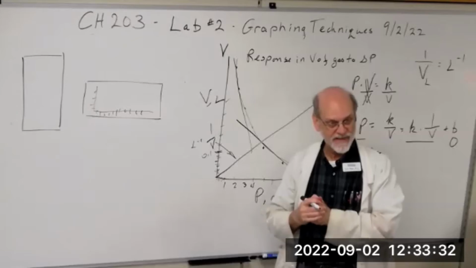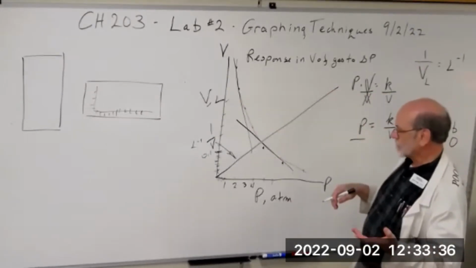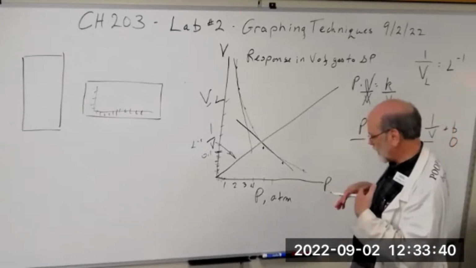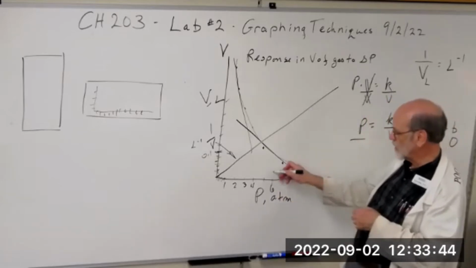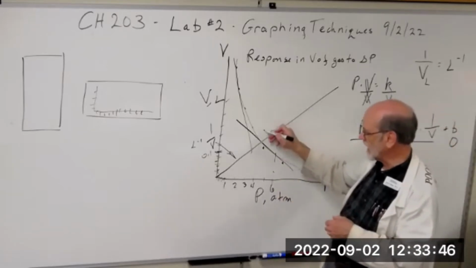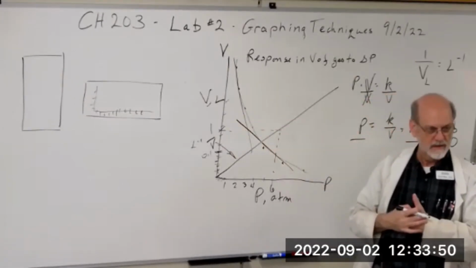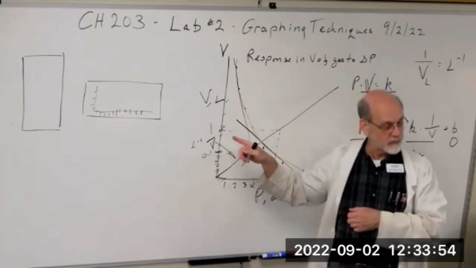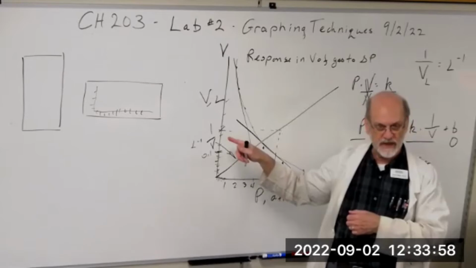Okay. Now, if the question is, what volume would I get if the pressure is 6 atmospheres? Go up here to that straight line, you go across here. So what value do you get over there? You get a value in reciprocal liters. But it said, what's the volume? Not what's the inverse of the volume.